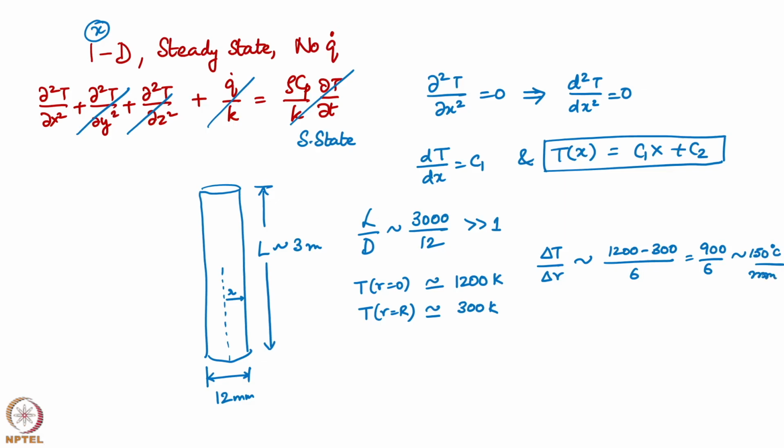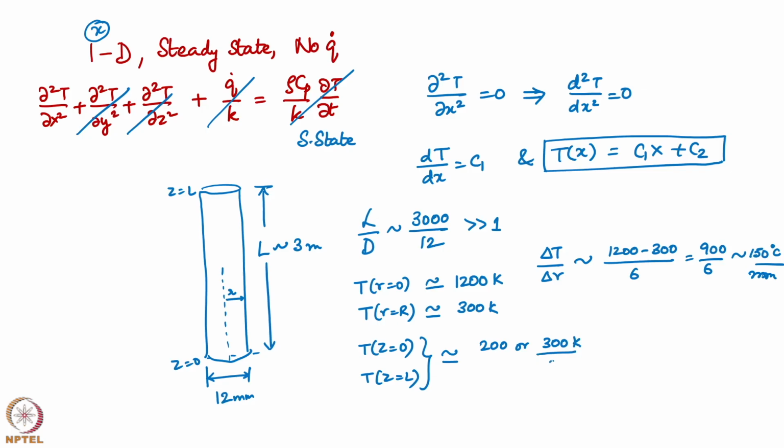Now, if you look at the temperature at z equal to 0, which is the base, and temperature at z equal to L, which is the top. So, z equal to L is this one, z equal to 0 is this one. You are going to see the difference is of the order of a couple of hundred, maybe around 200 or 300 Kelvin.